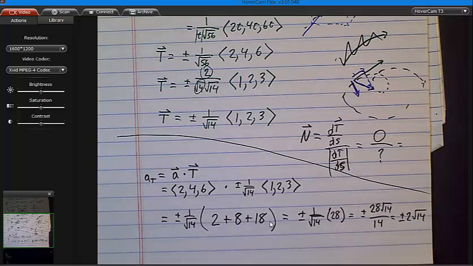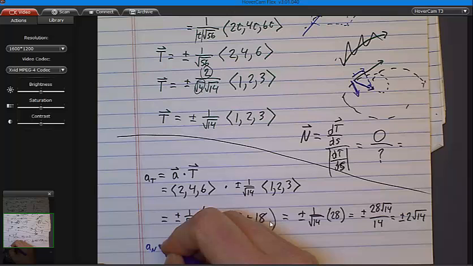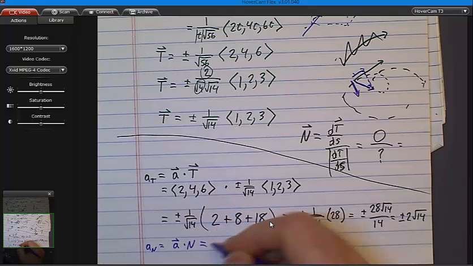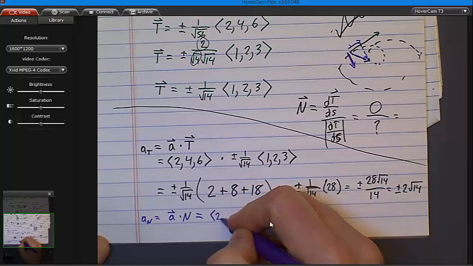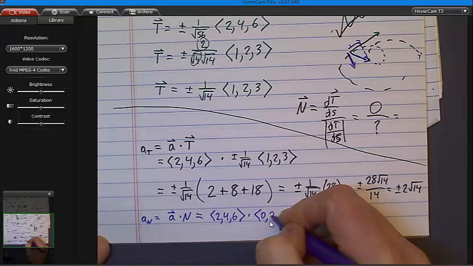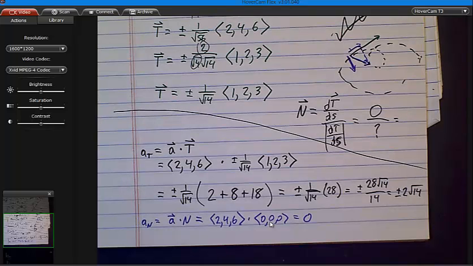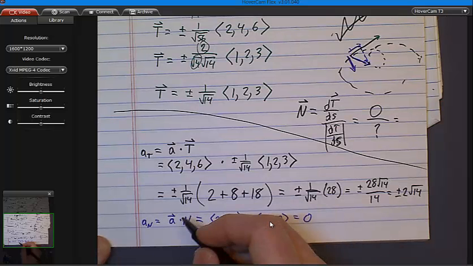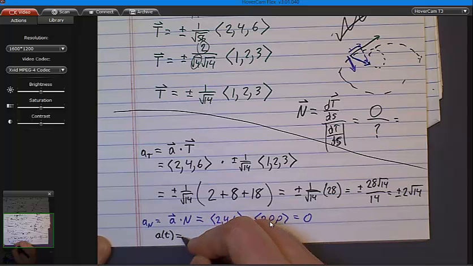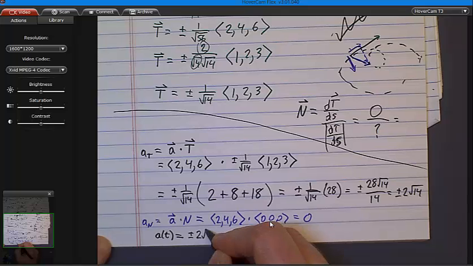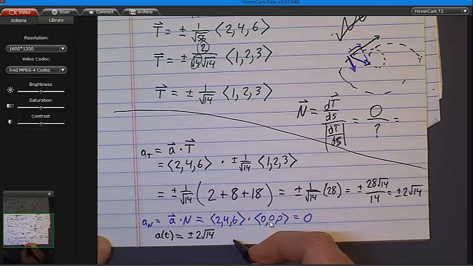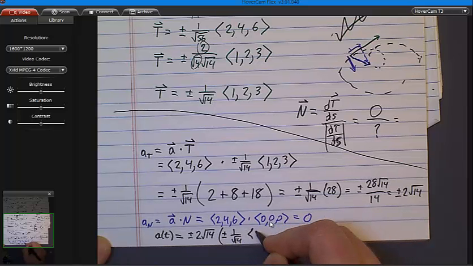When I do a_N, that's going to be A dot N. But guys, what are you doing? You're doing 2, 4, 6 dot 0, 0, 0. So what do you get? You get 0. Okay. And so I guess final answer here, A of t equals plus or minus 2 radical 14 times the unit tangent vector, which is plus or minus 1 over the square root of 14, 1, 2, 3.